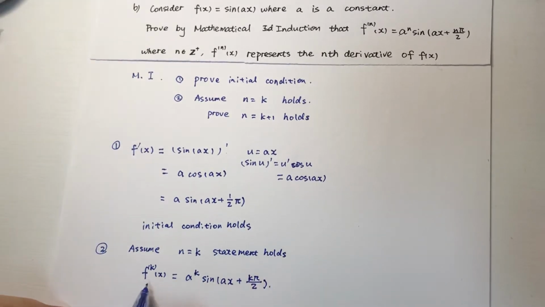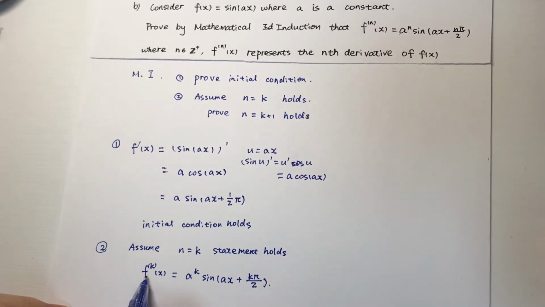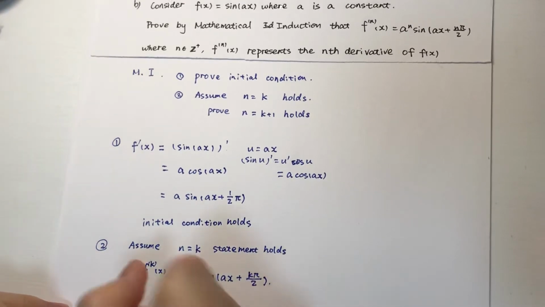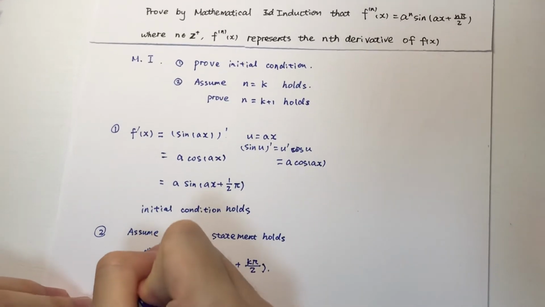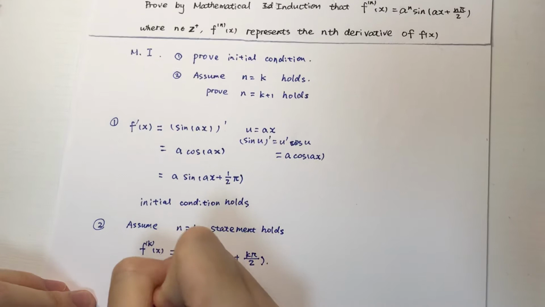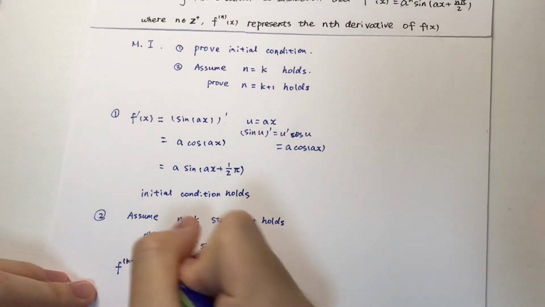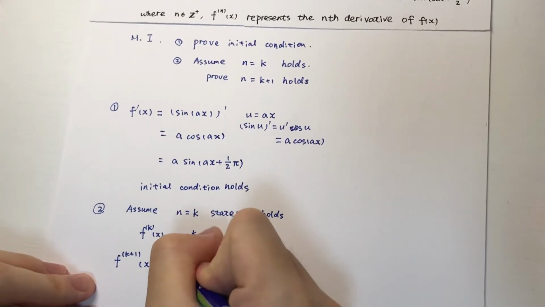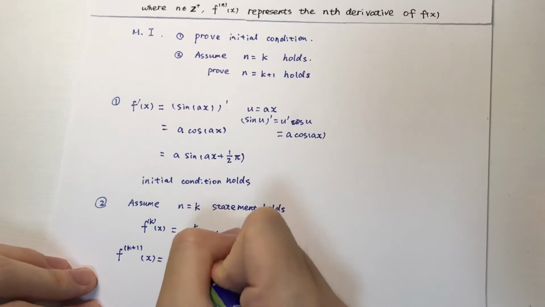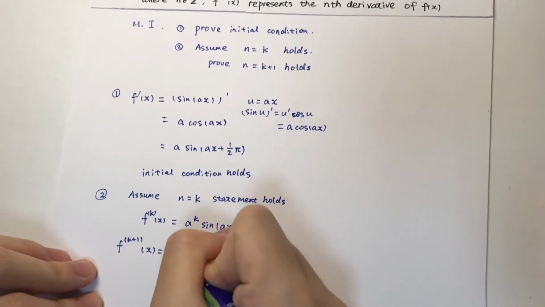So we need to find the derivative of f^(k)(x), that is f^(k+1)(x), which equals d f^(k)(x) over dx.